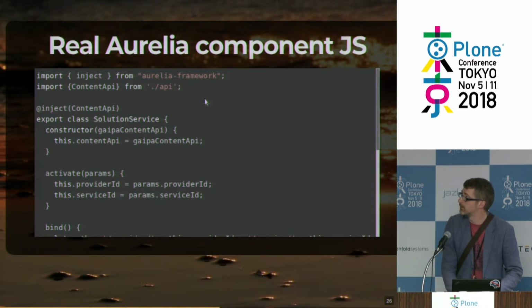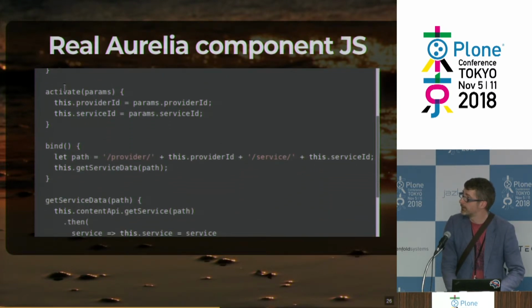What we are doing here is accessing the content in the backend, the stuff we're getting from Plone. We're importing a service and injecting the service with a decorator. It goes in the constructor, and then we put this in this variable, and from there on we can use the content API to get our content.